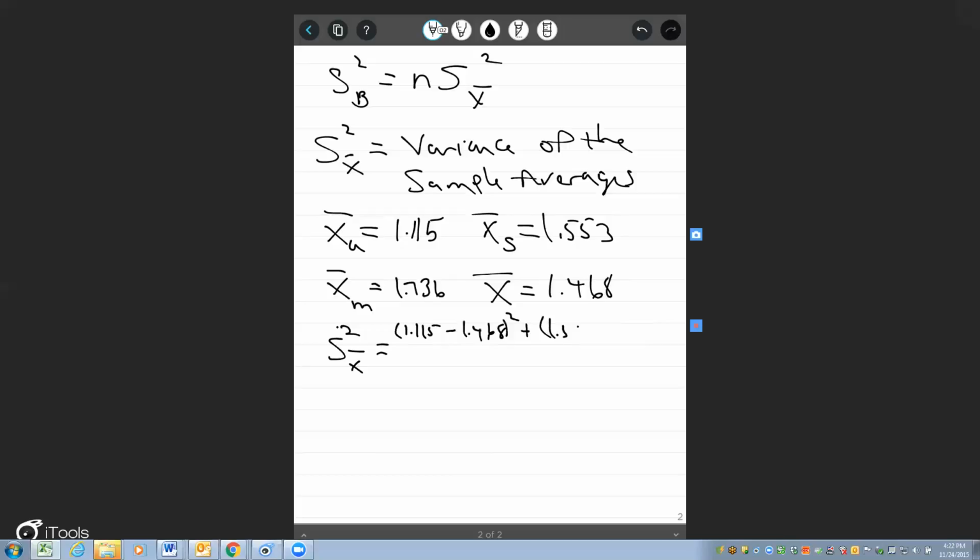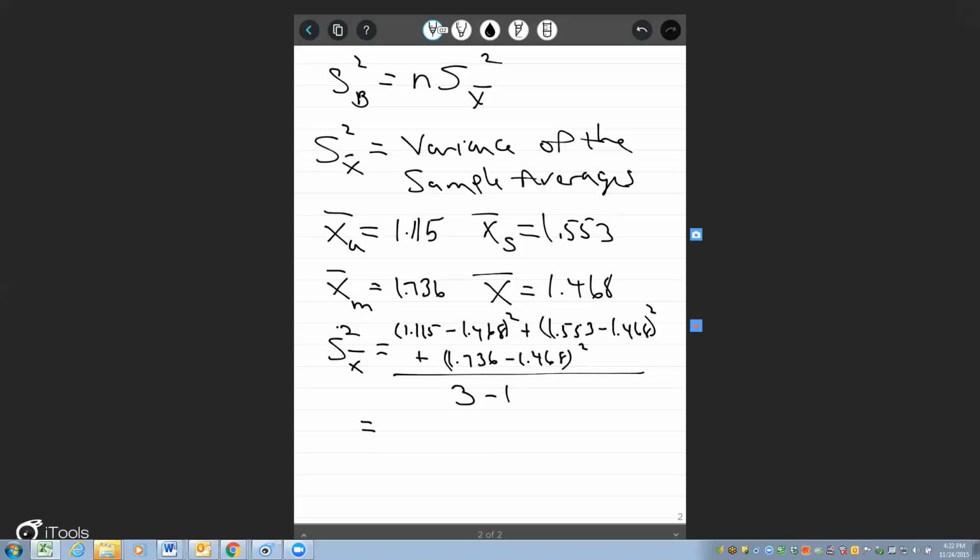Then I'm going to divide all of that by the number of categories minus 1, which in this case there are 3 categories, so I'll divide by 3 minus 1, or 2.